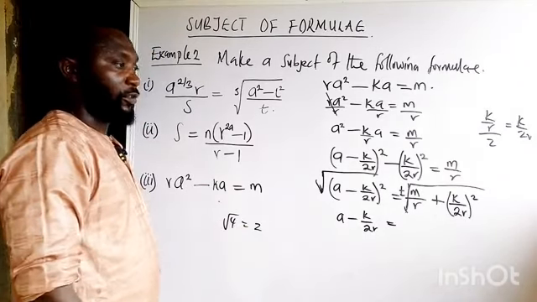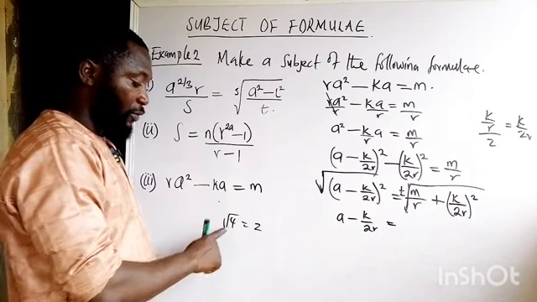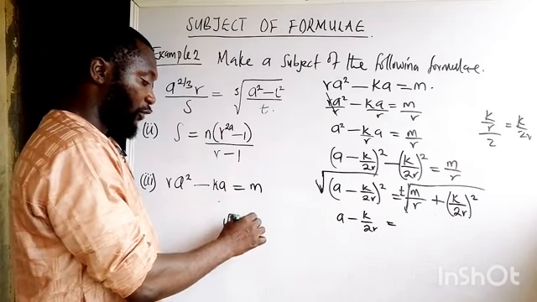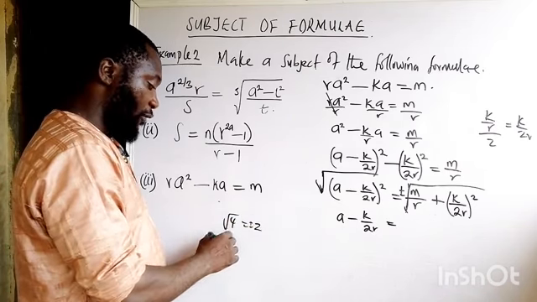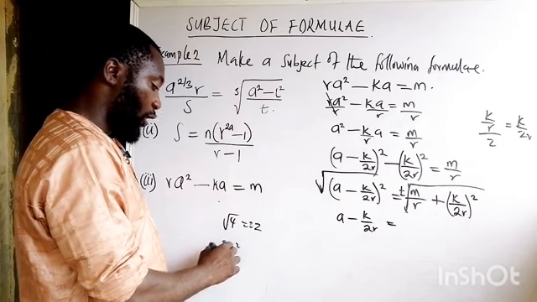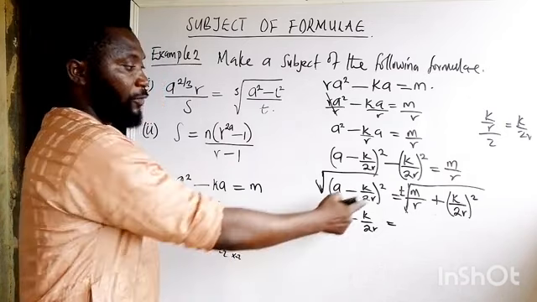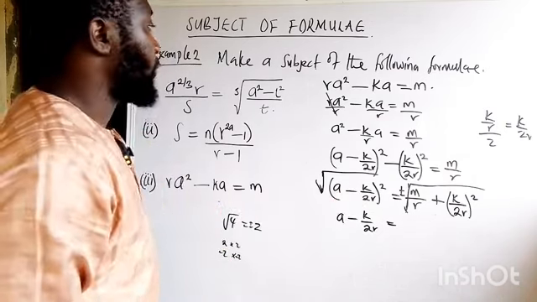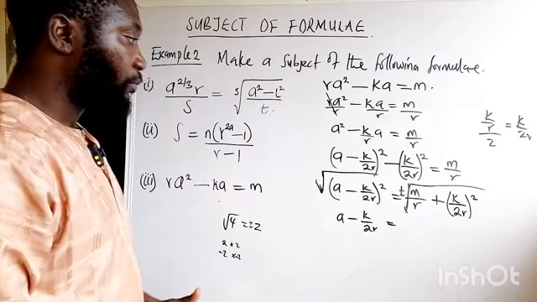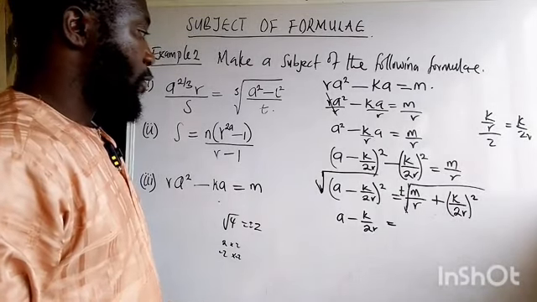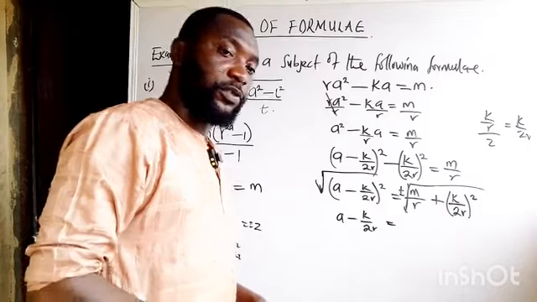That answer is incomplete. It will be plus or minus 2, because either 2 times 2 or negative 2 times negative 2 will give you 4. So that's why you have to use the positive and negative sign.